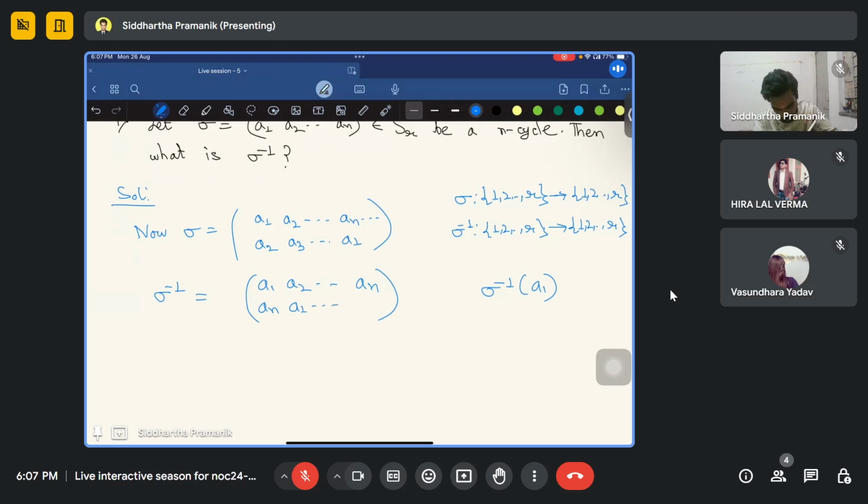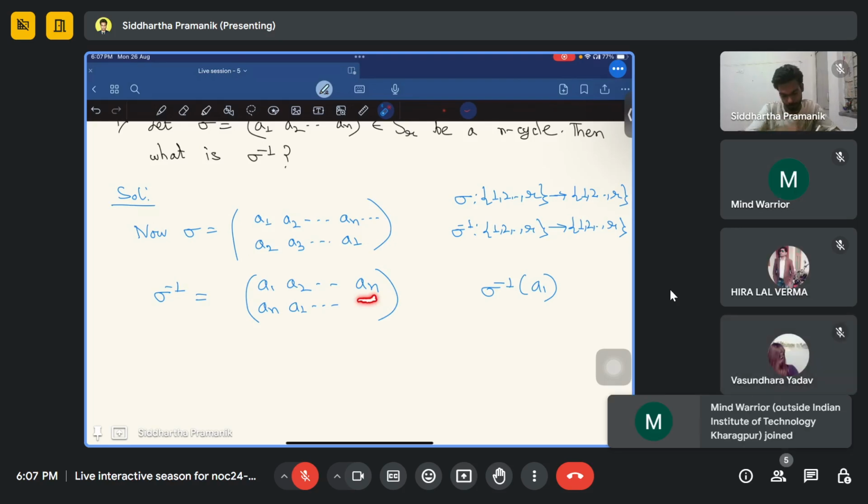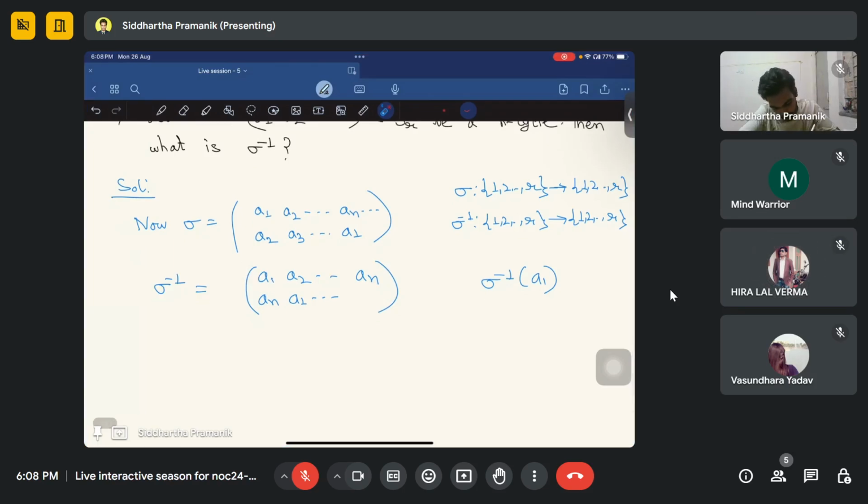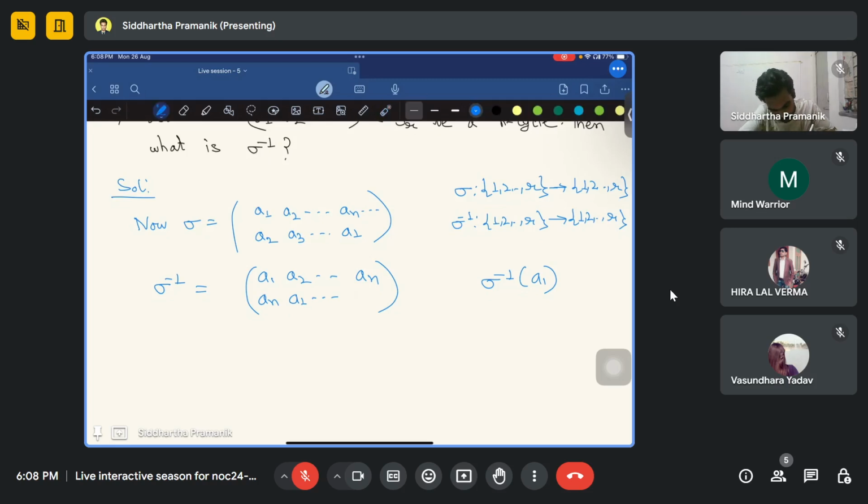Continuing this, what is the pre-image of an? Can you see? Yes, the pre-image of an is a(n-1). Correct. So you have the function now.